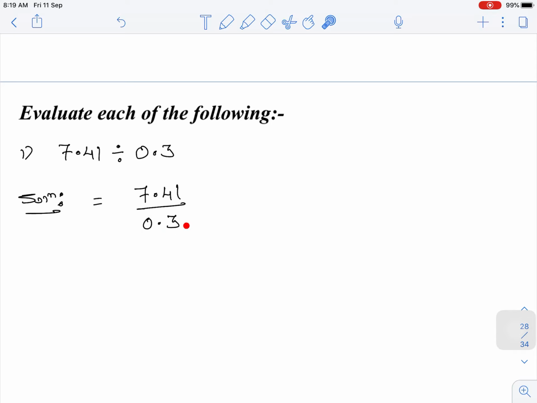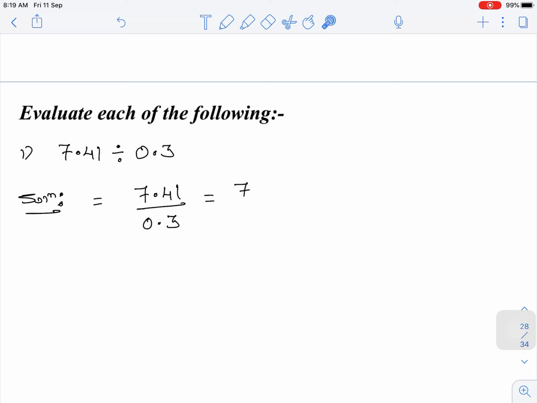We have to move it to the right. Remember, when we move the decimal to the right in the denominator, at the same time the decimal of the numerator will also move to the right. If we move this one place, the numerator decimal will also move one digit to the right.